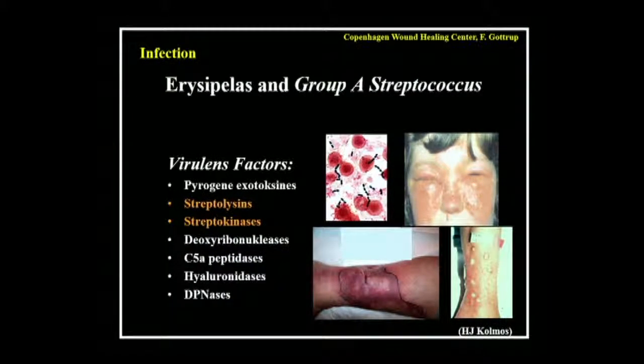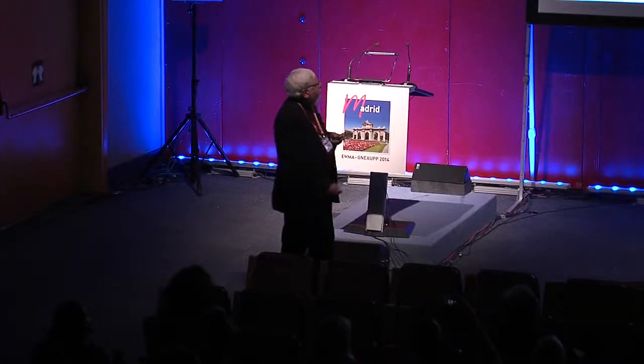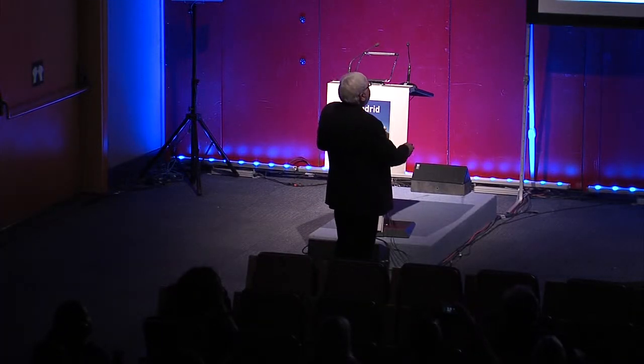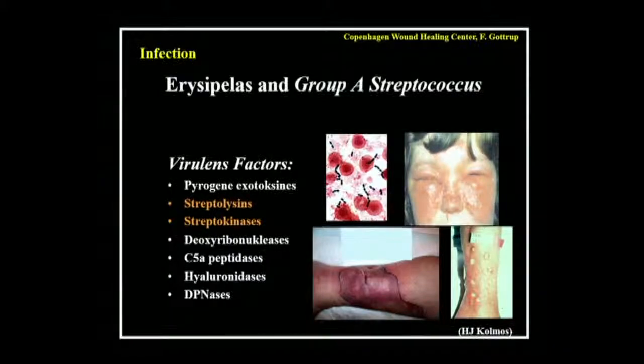If we are talking about streptococci, we are very much afraid of this bacteria. Why are we that? Because all bacteria produce a lot of virulence factors, enzymes and so on, but they are producing streptolysin and streptokinases. And streptolysin and streptokinases are actually the two we use to dissolve the embolus in the cardiac vessels today.